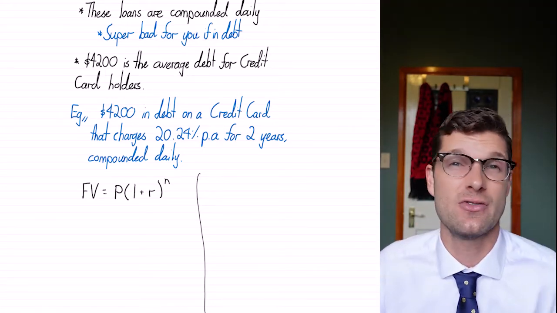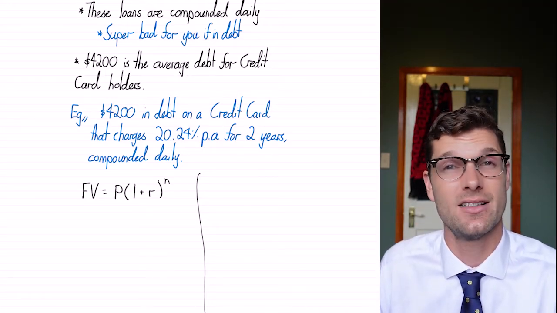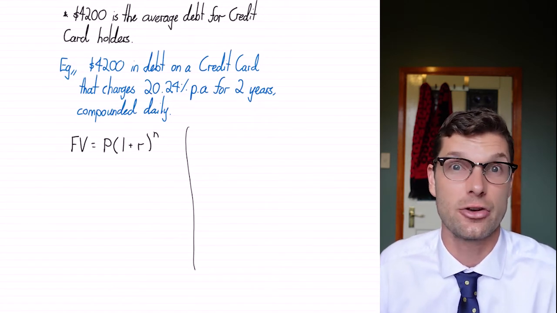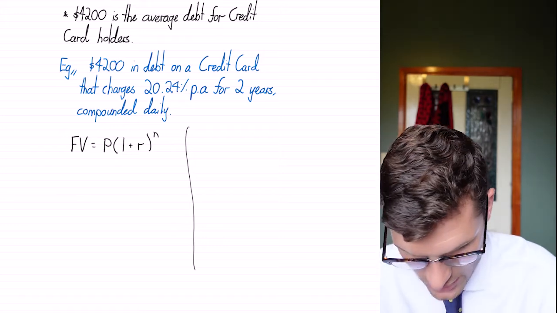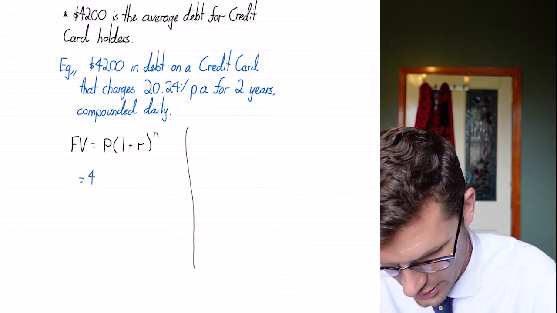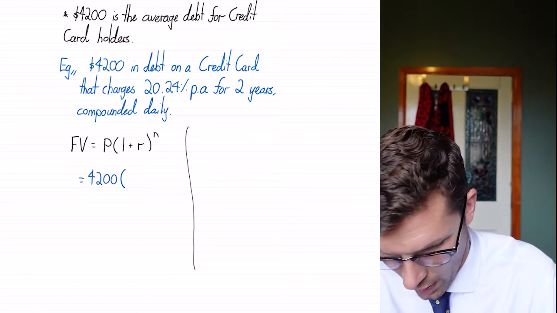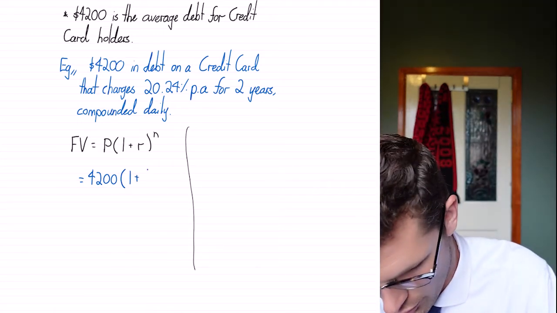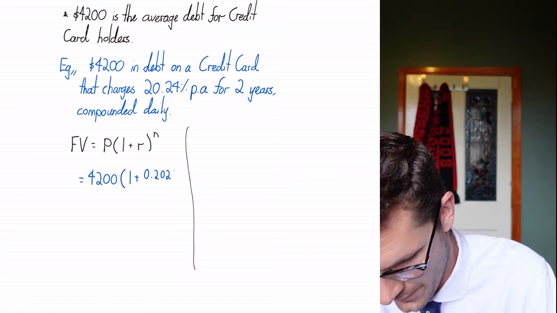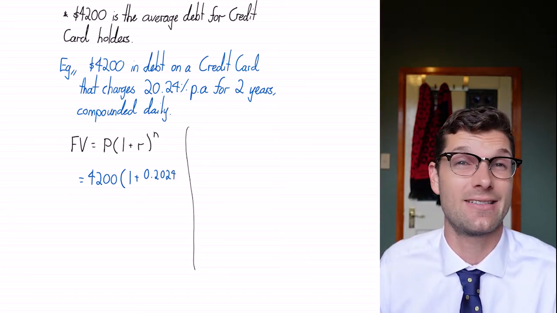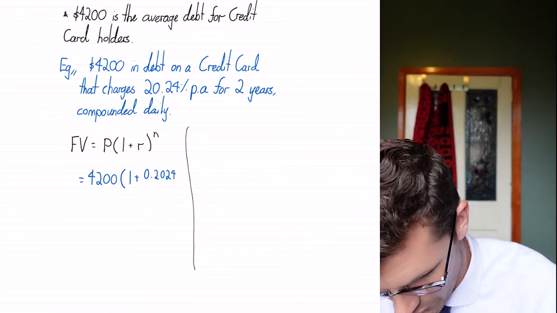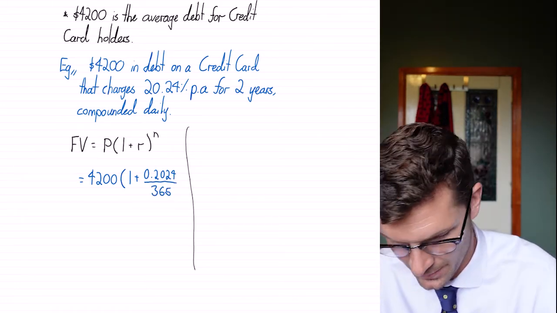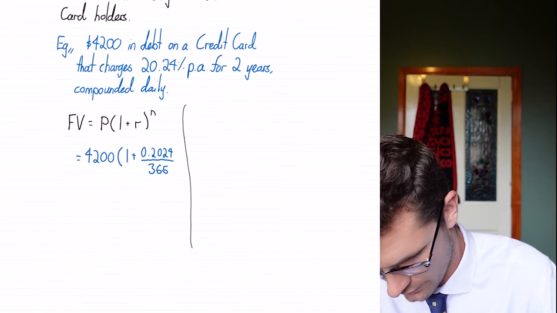So all we've got to do is type into our formula to see how much money we're going to have to pay the bank if we're not on top of our debts. So in this one, we've taken our average Australian debt. 1 plus 20% is a huge rate, but that's 0.2024. And we know that it's being compounded daily, so we've got to divide that by 365.